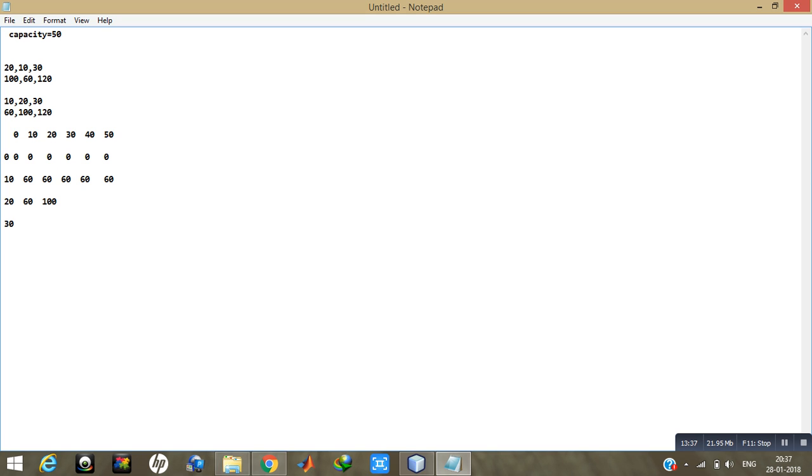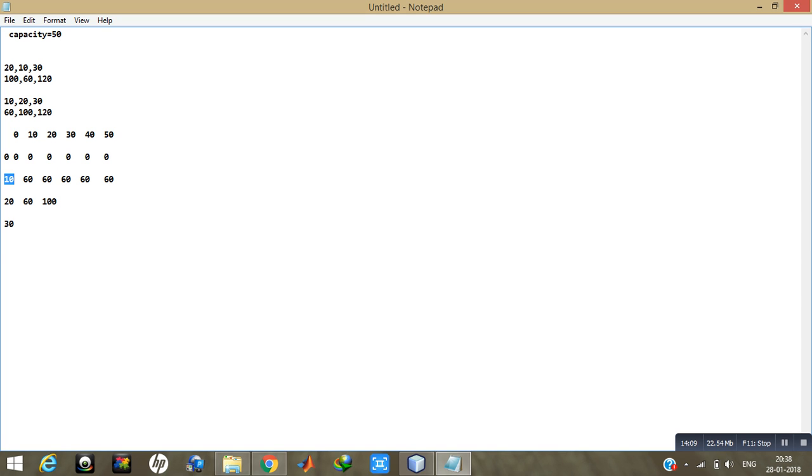And the second condition is that if the weight is less than or equal to the capacity, then we need to subtract that weight from the capacity, to get the corresponding value.